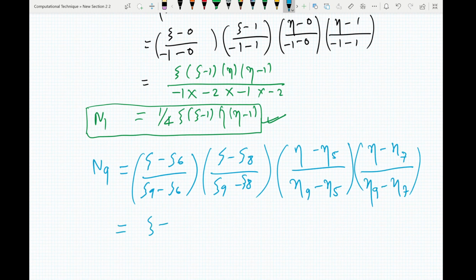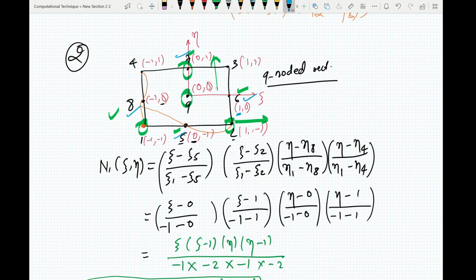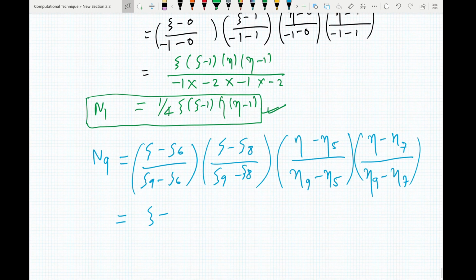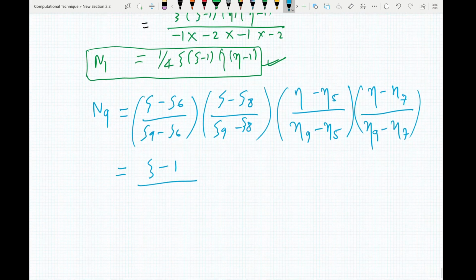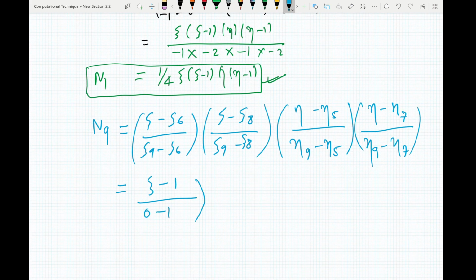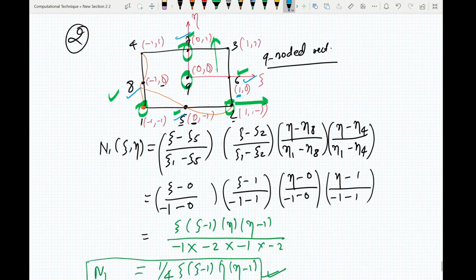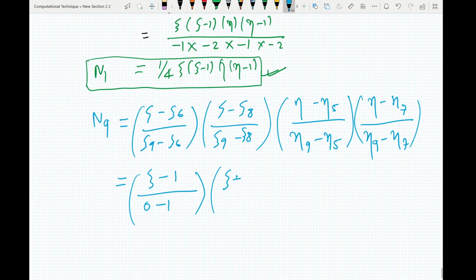Let's put the values in. So we get xi minus xi6, which is 1, and xi9 is 0, so 0 minus 1. Then xi minus xi8, where xi8 is minus 1, so plus 1, and 0 plus 1 here.